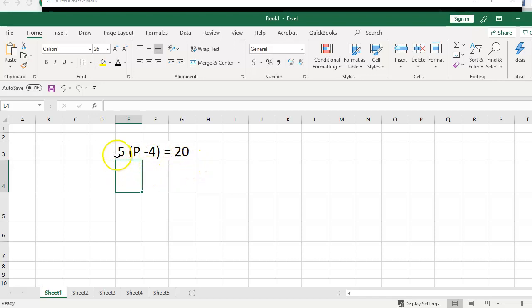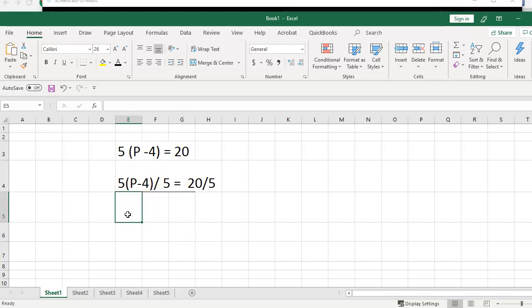So what I want to do is get rid of the 5. To do that, because it's multiplication, I want to divide by 5. So now I'm going to take 5 times p minus 4 equals 20, and I'm going to divide both sides by 5. I'm doing that because these two 5s, a 5 up top and a 5 at the bottom, are going to cancel each other out.